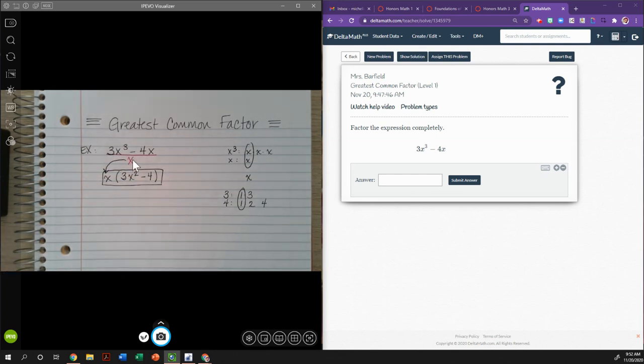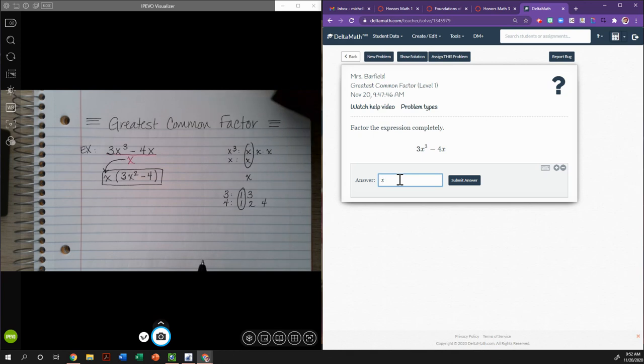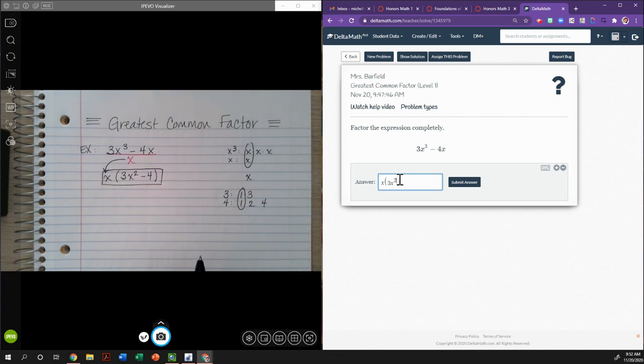Okay, so to start off with, it should look like you have reversed your distributive property. And you can see that I'm typing this in.